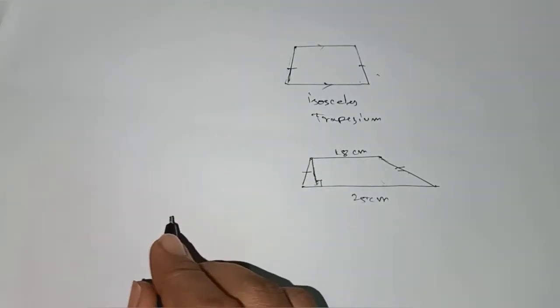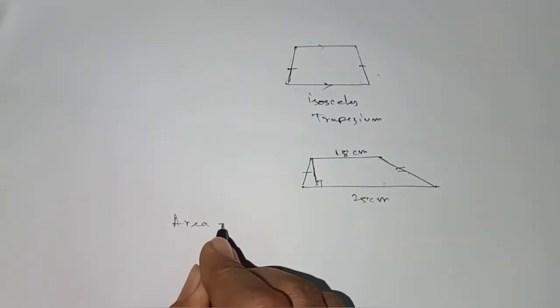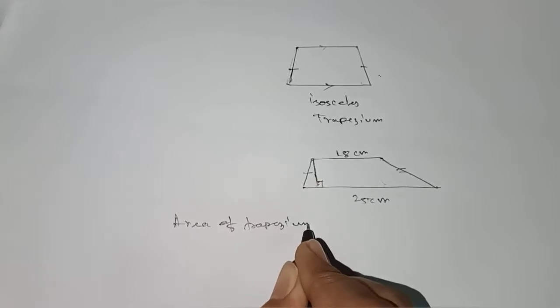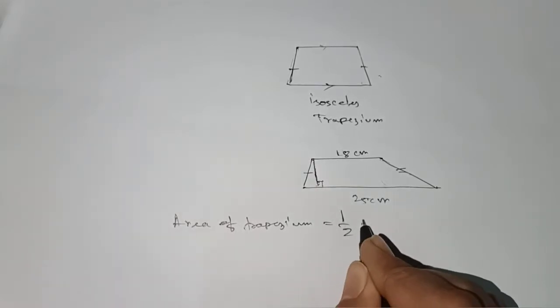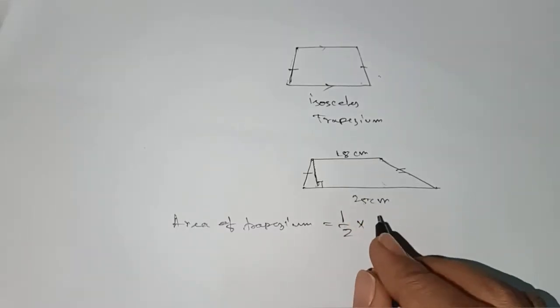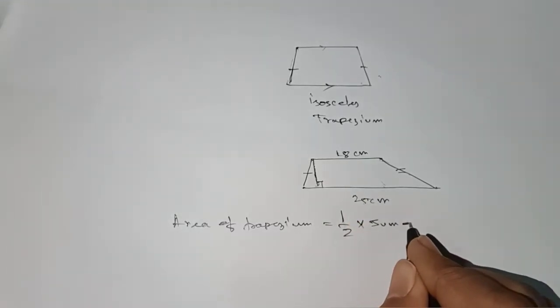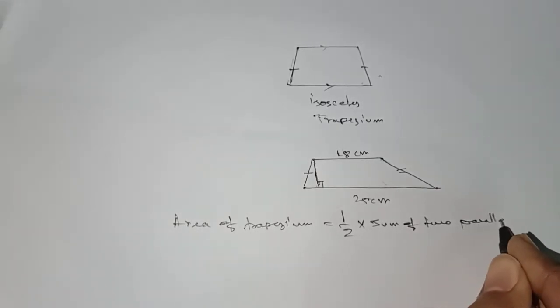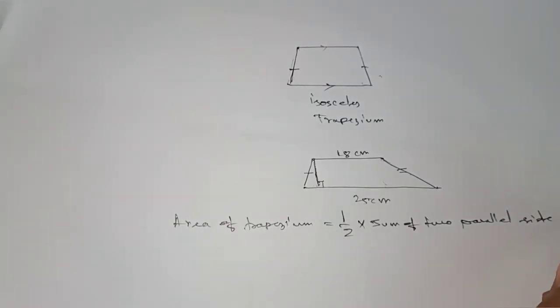So here we have a simple formula: area of trapezium equals half into sum of two parallel sides into height.